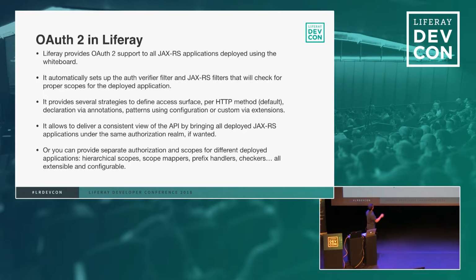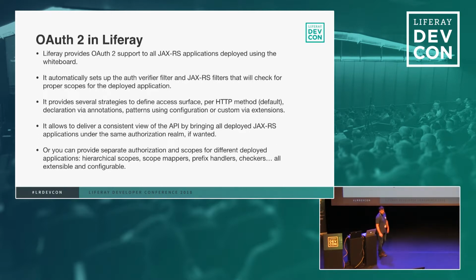It automatically sets up for you the auth verifier filter and a JAX-RS filter that will check for the proper scopes and the permission checker. So it enables the permission checker in Liferay, so the regular service builder services or any other Liferay services that use the permission checker will work seamlessly with the OAuth2 implementation.